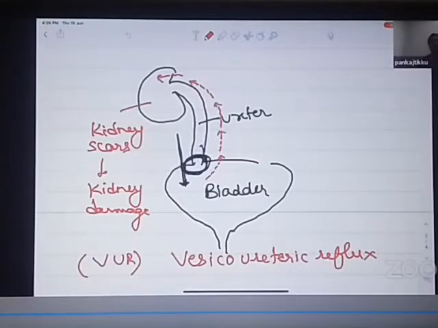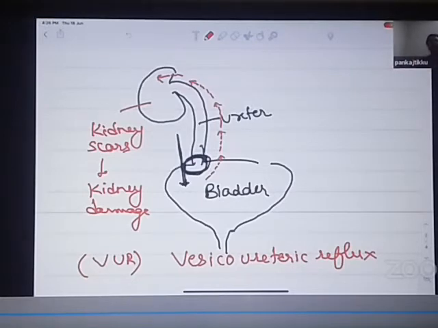We have seen children who are 3 years, 4 years of age presenting with total kidney damage, end-stage renal disease, because for the last 3 years they had been having recurrent urinary tract infections, and the pediatrician just used to give antibiotics and treat that urinary tract infection, but never cared to find out what was the underlying cause of UTI.